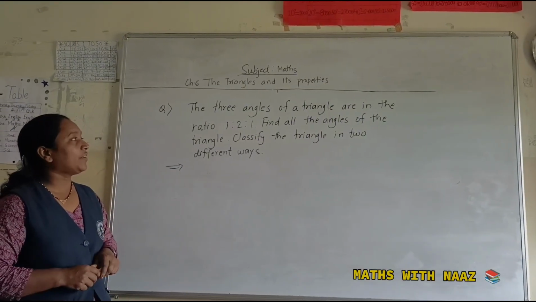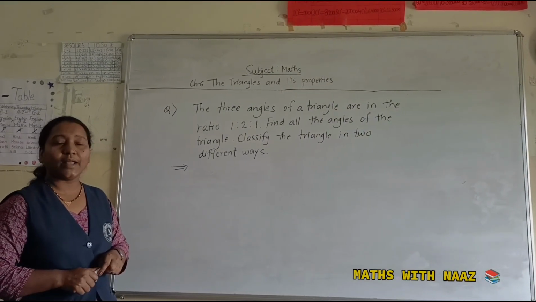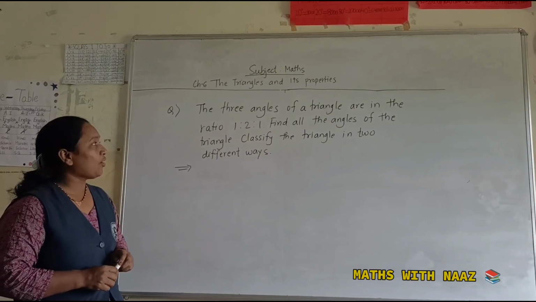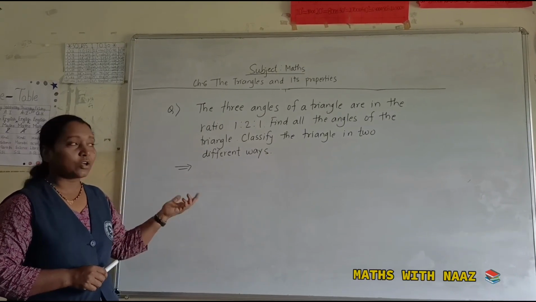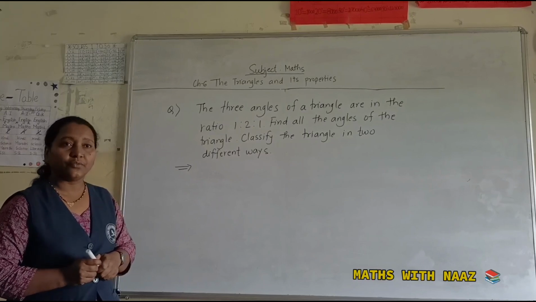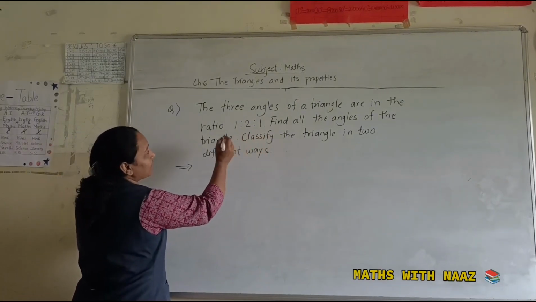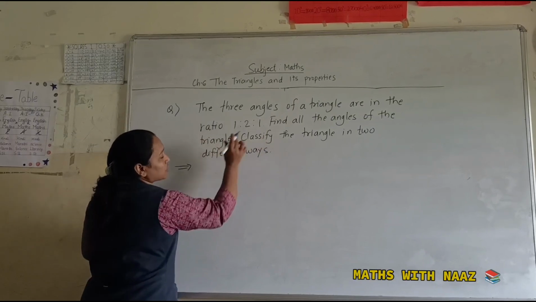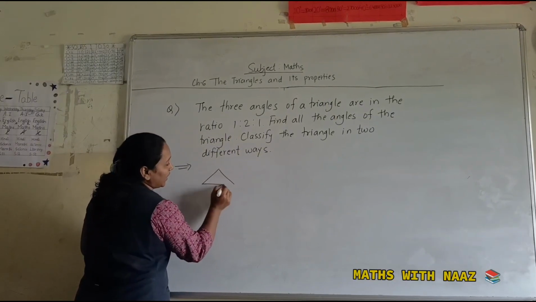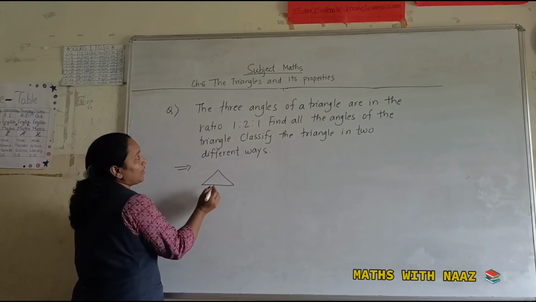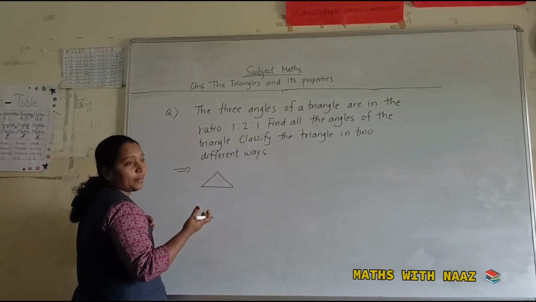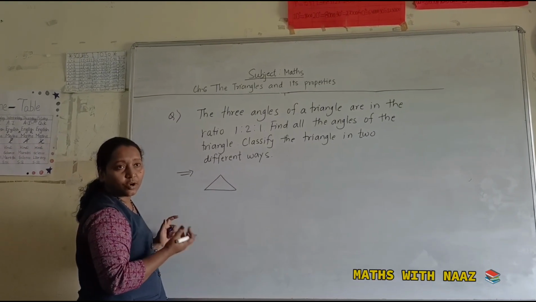The three angles of a triangle are in the ratio of 1:2:1. Find all angles of the triangle and also classify the triangle in different ways. So let's solve now. Now, in this triangle, the measurement is not given.